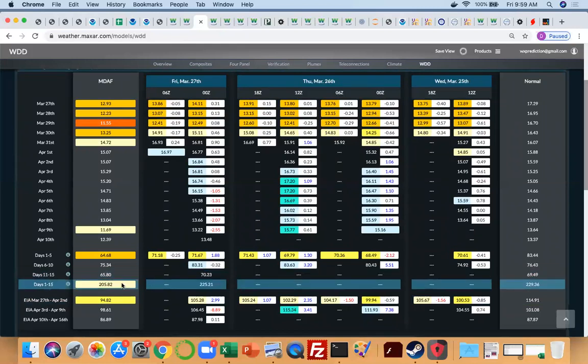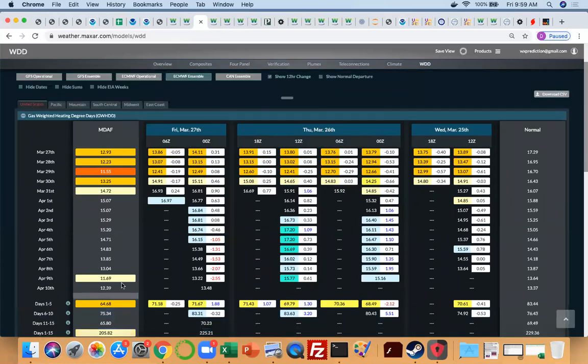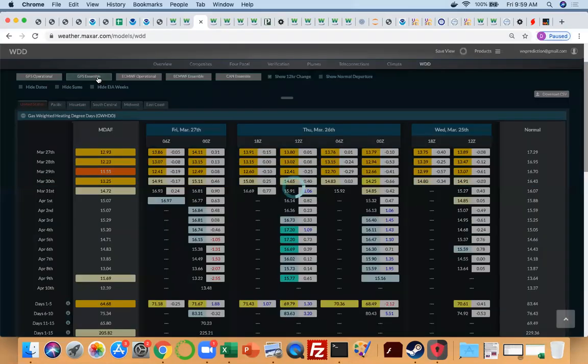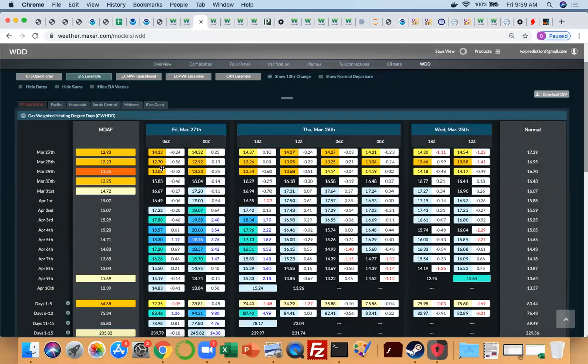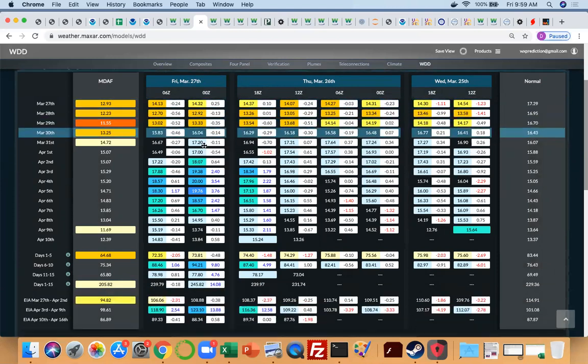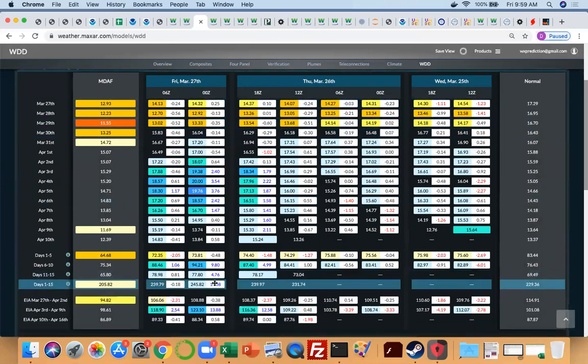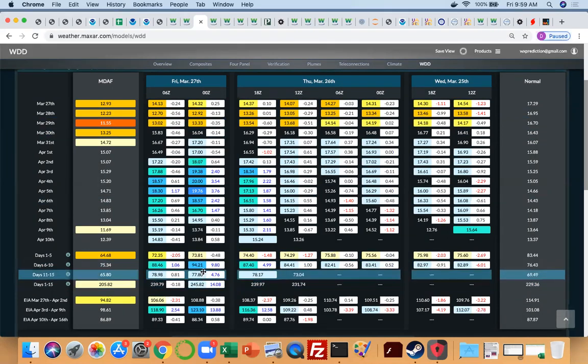It's worth noting that Maxar bias corrects by about 20, whatever correction they're using, they're about 20 HDDs warmer. But okay, that's the EC. Now take a quick look at the GFS. Boom. You can look at the 6Z too, but if you want to look apples to apples, the 0Z is a lot colder, 245 HDDs versus, what do we say, the EC was 220 or 225? 225, yeah.